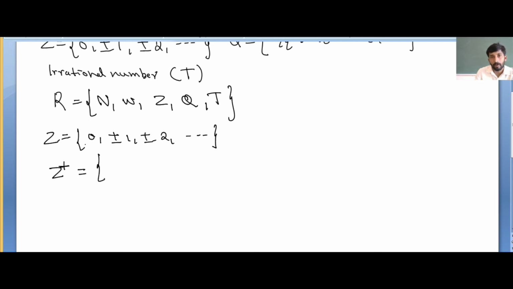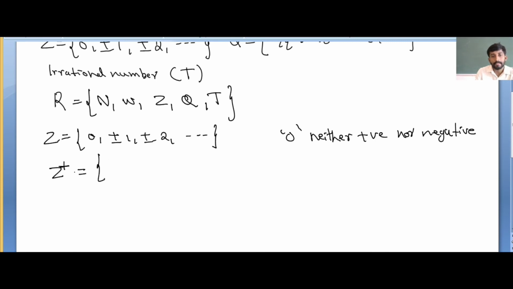Is 0 positive or negative? No, right? 0 is neither positive nor negative. Remember this condition. We can't take 0 as a positive number or as a negative number. So 0 is neither positive nor negative. That is our mathematical convention.